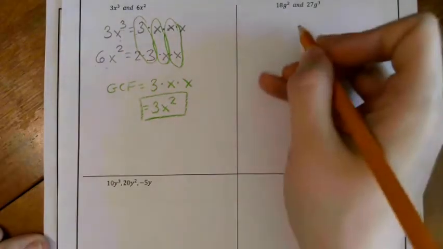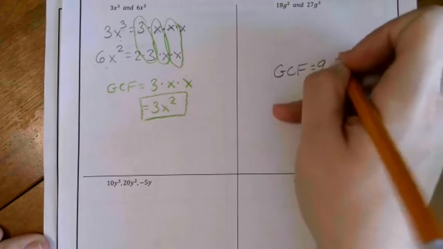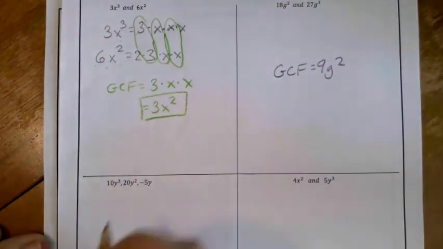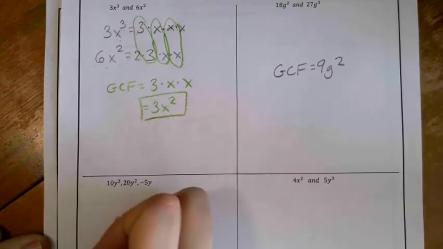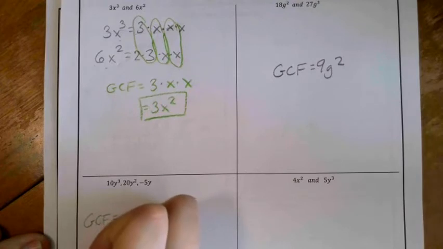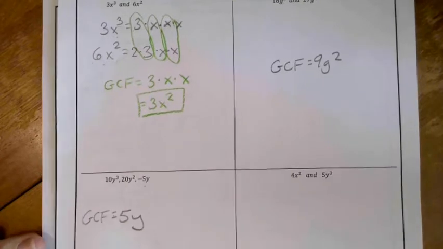So the greatest common factor for this one is 9g squared. The greatest common factor for our 3 terms down here would be 5y. Not negative, all right, positive. Positive 5y. This is the only guy that has negative. So positive 5y.